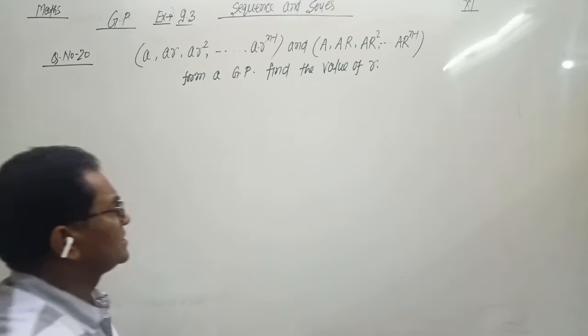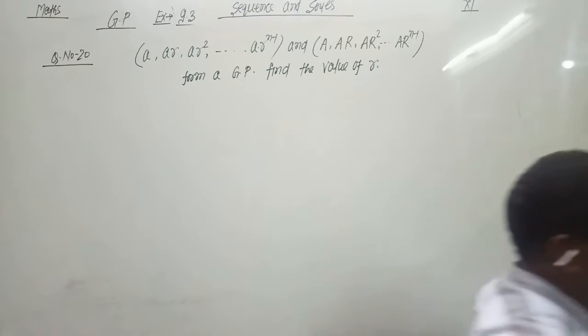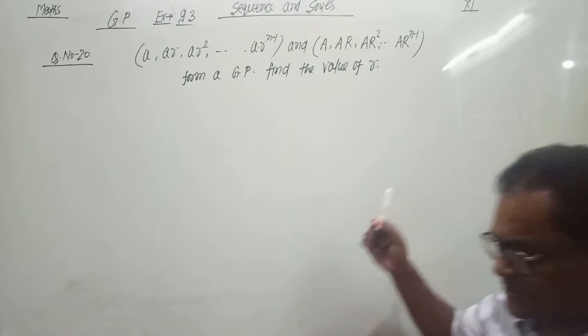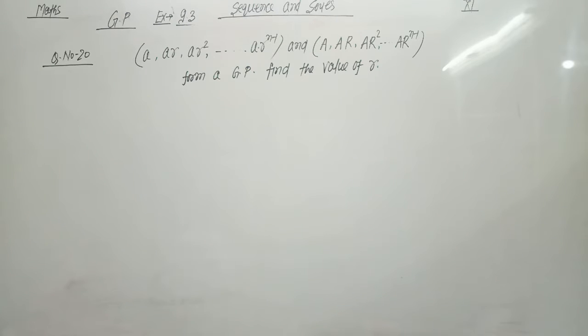We have to show that the product of the corresponding terms of these two sequences forms a GP, and then also find the common ratio.